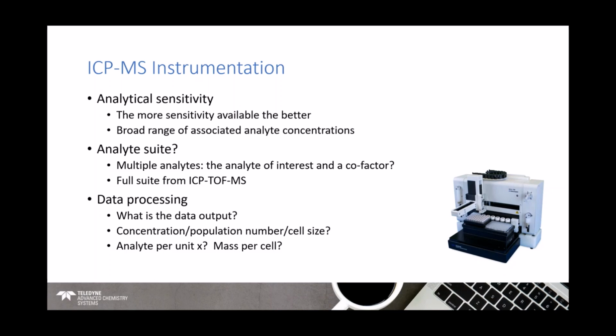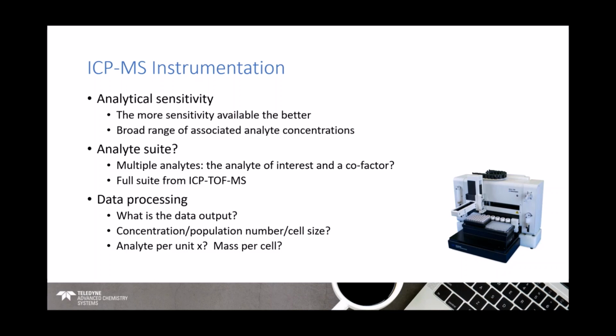In the case of time of flight, you're able to capture more data, a full analyte suite through the time of flight instrument. But it's possible with the most recent generation of ICP-MS to capture all of this data.